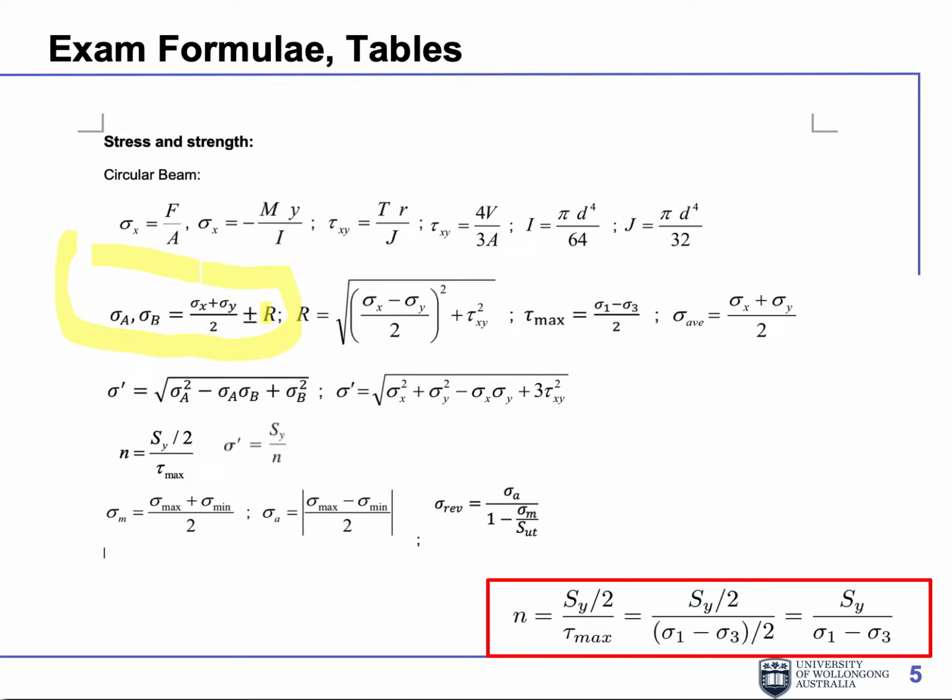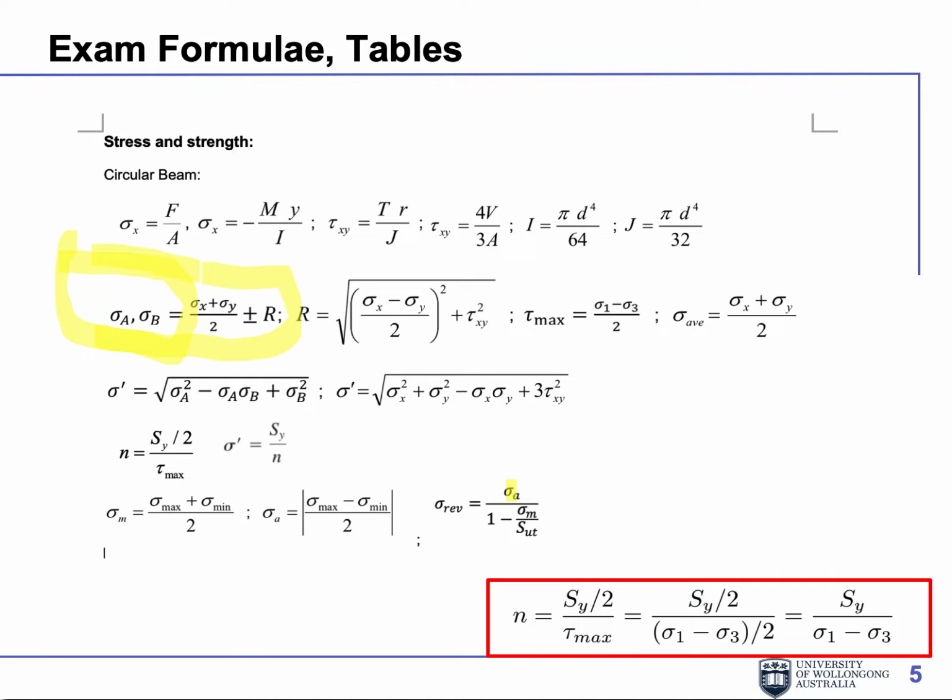And how do we get sigma a and sigma b? This is a little bit confusing because some books use sigma a and sigma b as 2 of the 3 principal stresses. You can have sigma a, sigma b, sigma c. In this case, these principal stresses are not in particular order. Then you write them as sigma 1, sigma 2, sigma 3.